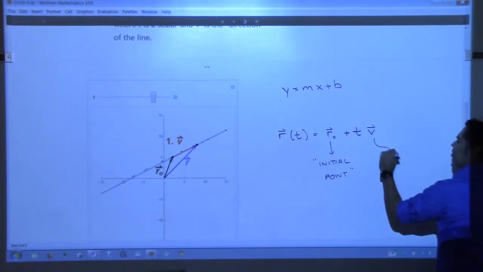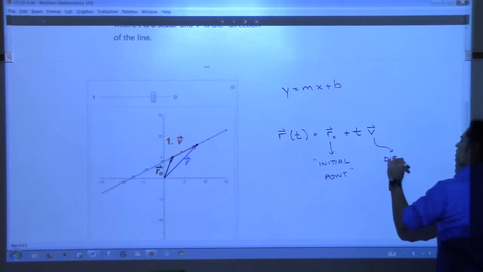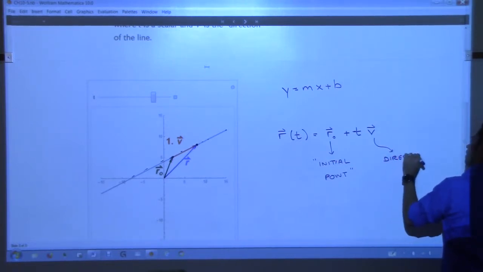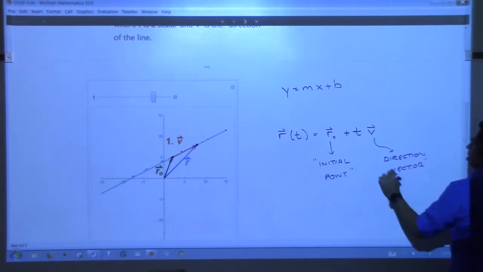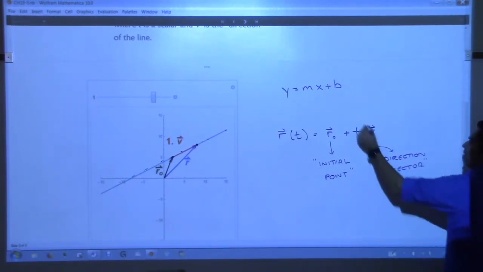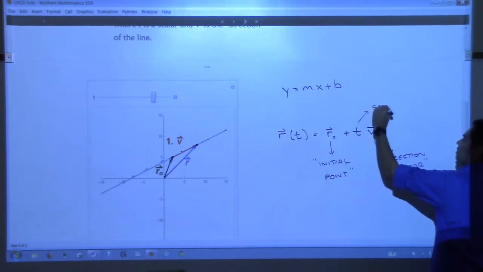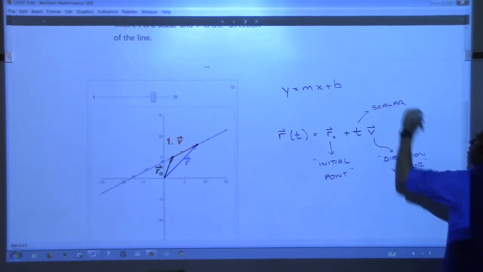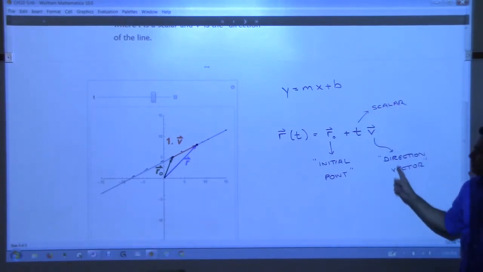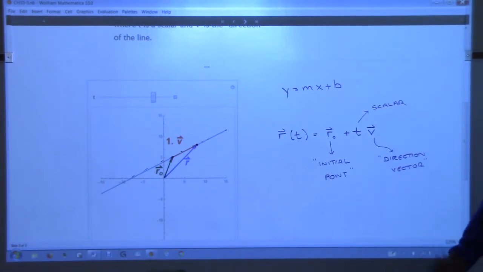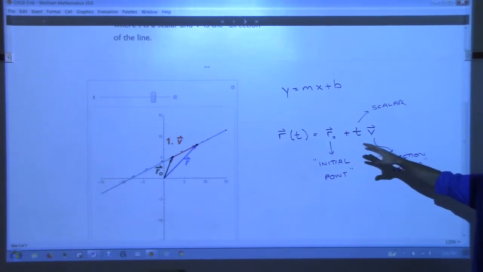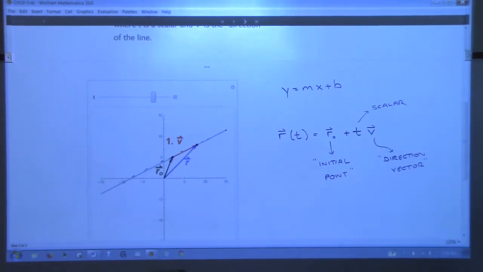This right here is what we call the direction vector of the line. Okay? That's your direction vector. And of course, this is just some scalar that gives you all the multiples of v. Does this picture make sense? Does the formula make sense? Kinda? Audrey? Yeah. Okay. All right.